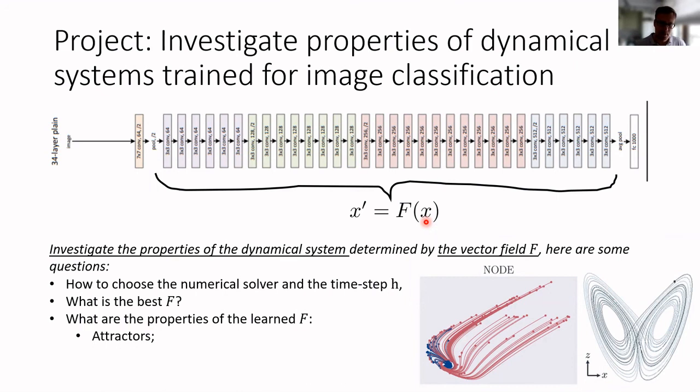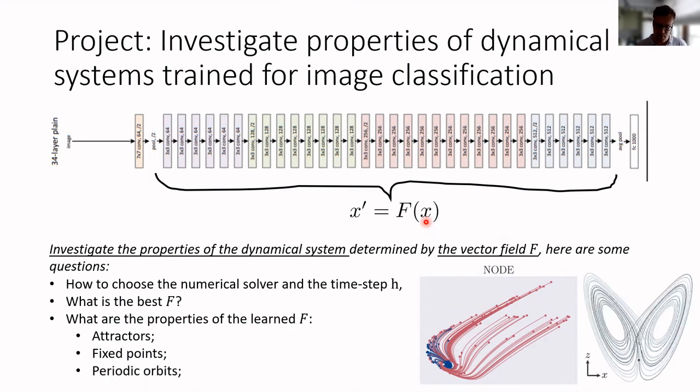So what are the types of properties we can look at? Attractors, where the trajectories are converging towards some compact structure. Fixed points, where you always converge to a single point.